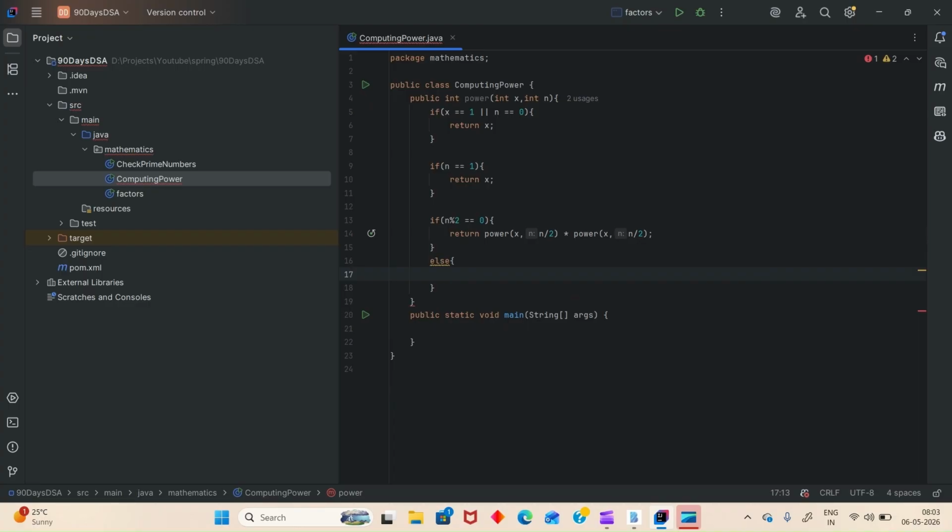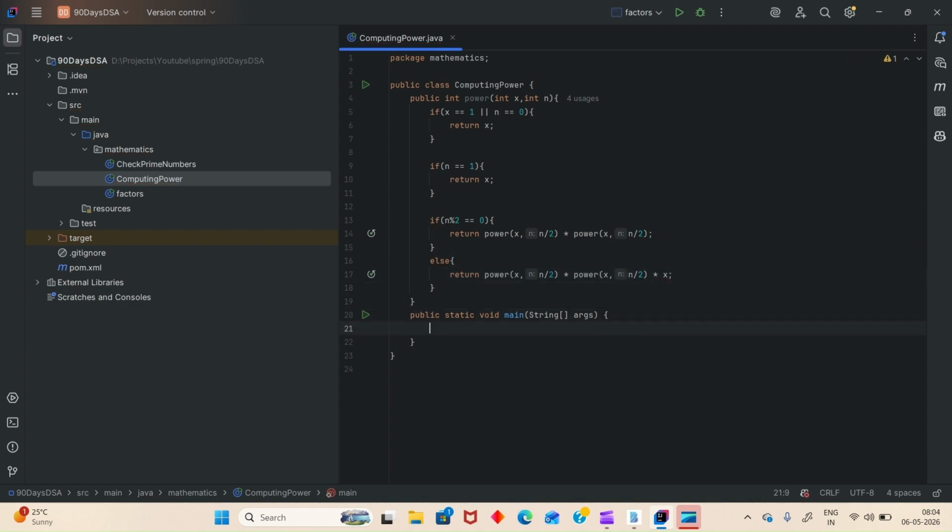Else, we do the same into x. Now, here if you see, still we are calculating twice. Okay, I'll further improve this.